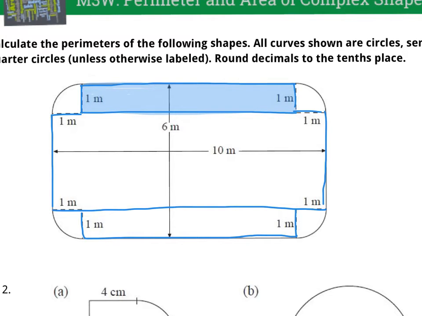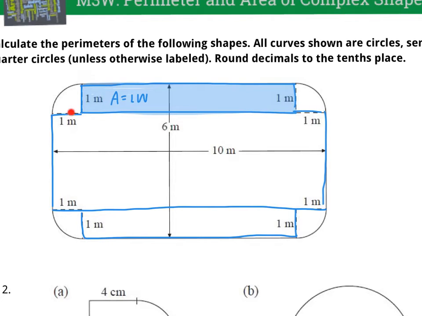So the length of this rectangle is a length that I actually found in the previous video when we were doing perimeter. And the way that I find that is I know that the entire width of this shape here is 10 meters.